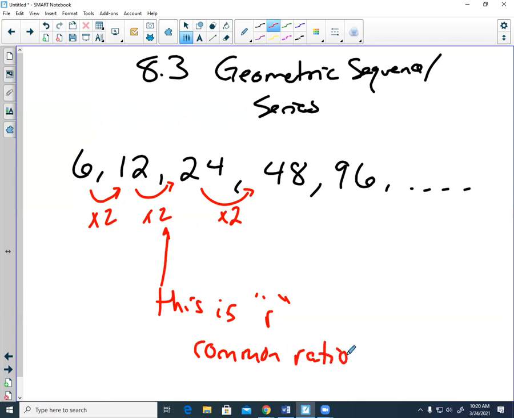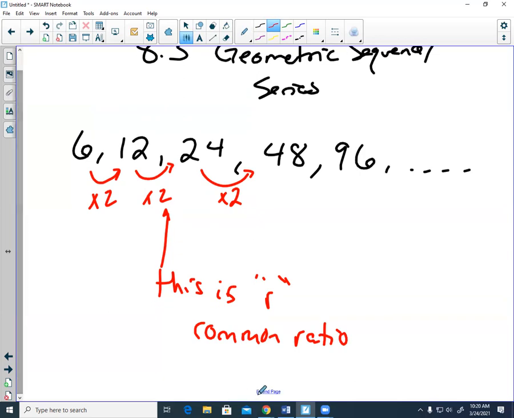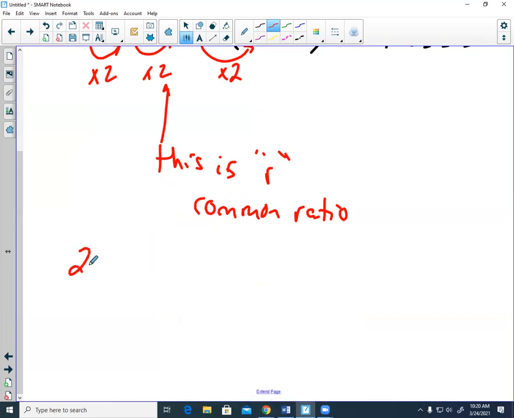Okay, now one thing that I want you to think about with this is there are sometimes where you're going to look at this and you're going to say, oh, I'm dividing by a number. Okay, so you're going to say, like, I'm taking a number and dividing it by something every single time. Don't ever think about division in this set of problems. Okay, so like this example right here, where I start out with 256, 64, 16, 4, 1, and so on.